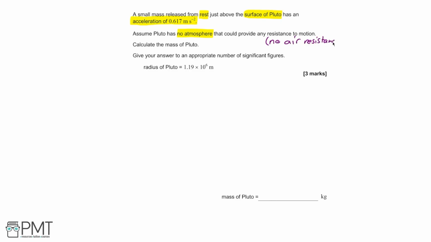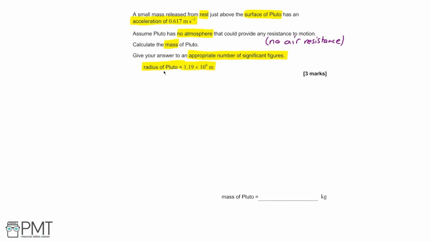And they want us to calculate the mass of Pluto and to give our answer to an appropriate number of significant figures. So usually in a question like this, we'll get 1 mark for our answer being to a correct number of significant figures, regardless of what our answer actually is. And they tell us, which is a hint, that the radius of Pluto is 1.19 times 10 to the 6 meters.